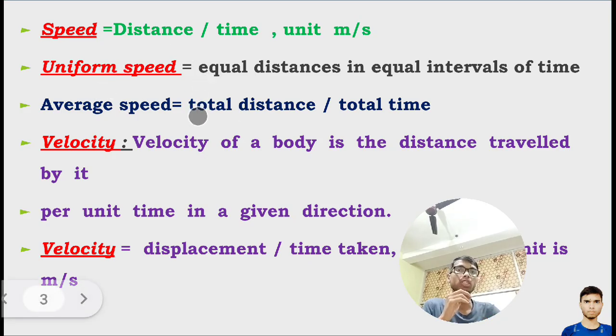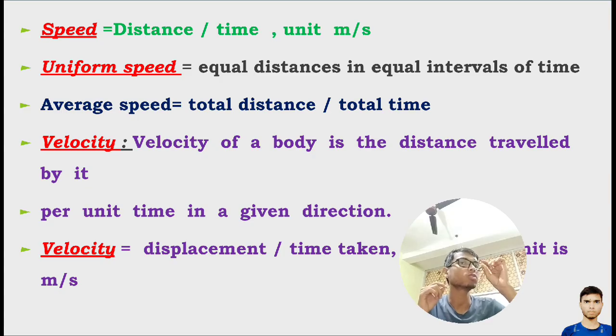In uniform speed we observe that distance is the same, speed is the same, but average speed will tell you that sometimes you decreased speed, sometimes you increased speed. Here we are observing changes of speed, that's why we take total distance.